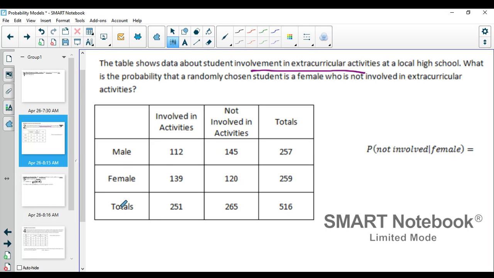To determine where we're looking at in this table and which numbers we're using, this last descriptor tells you which row or column to look at first. So you start here, and in this case, we're looking at just the females.